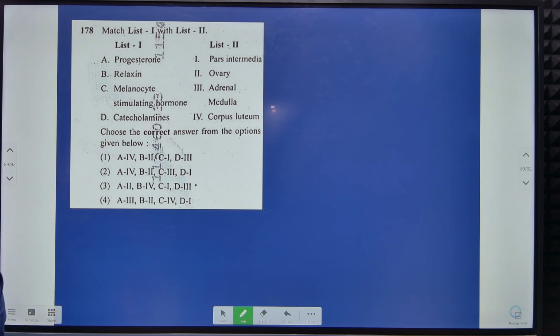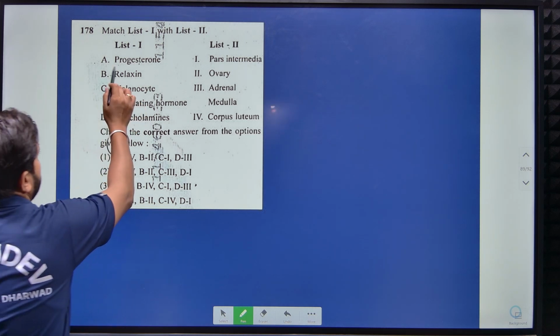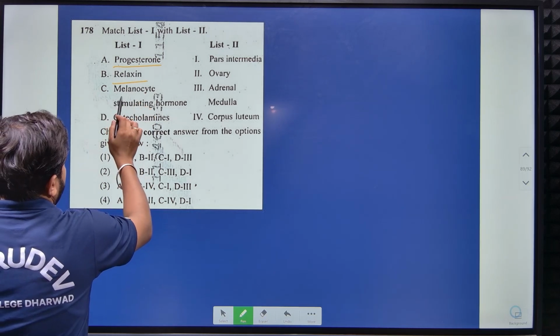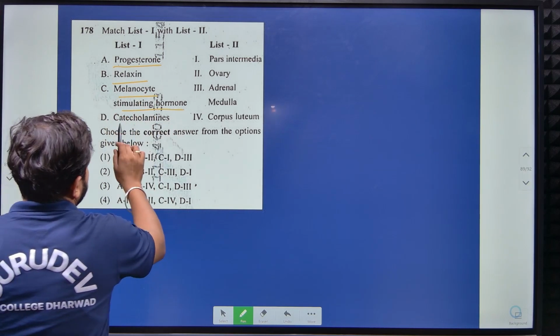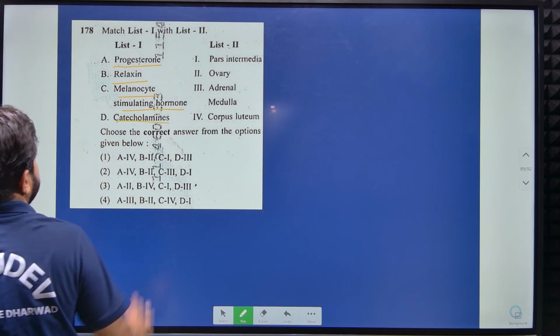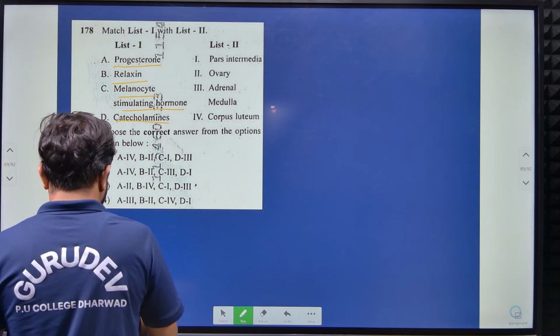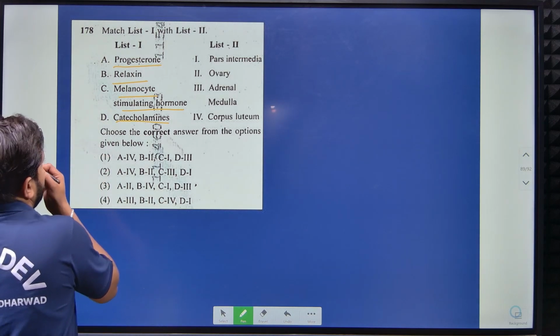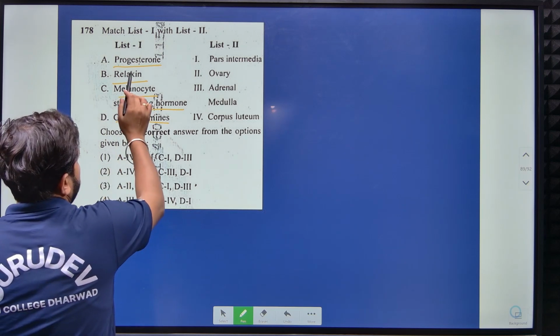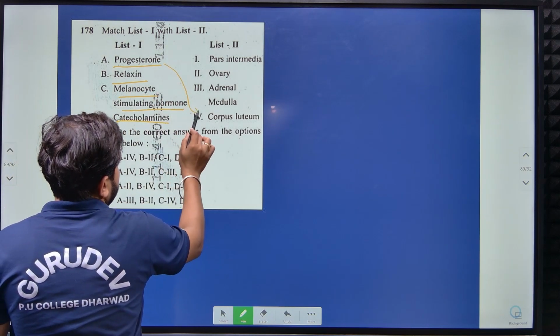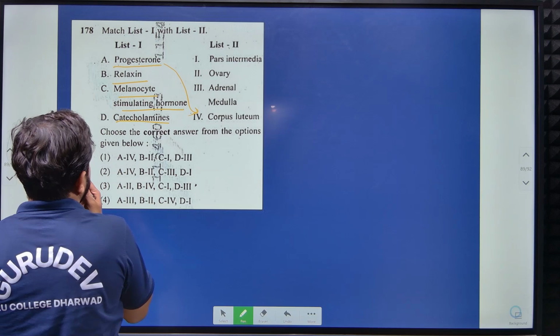Then they mentioned: match list one with list two. They mentioned progesterone, relaxin, melanocyte stimulating hormone, and catecholamines. So we have to match column 1 with column 2. Progesterone is related to the corpus luteum, right?